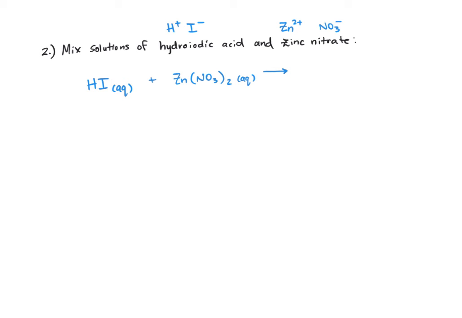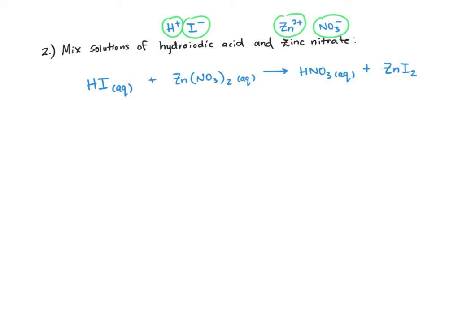As we swap partners in this double displacement reaction, hydrogen and nitrate can get together, H+ and NO3-, to make nitric acid, HNO3. Acids are always aqueous. Separately, zinc and iodide can get together to make ZnI2. We need 2 I's for every 1 zinc to balance charge.